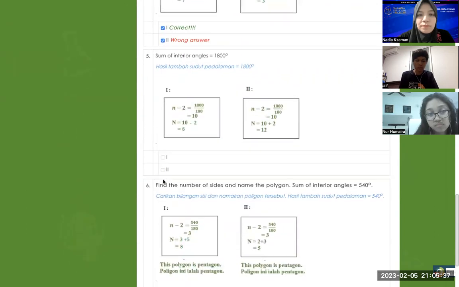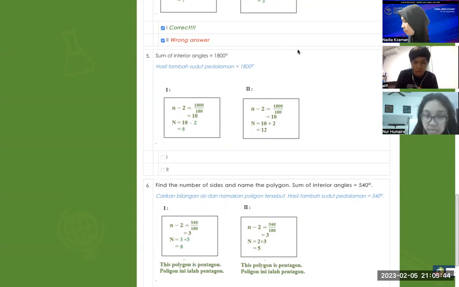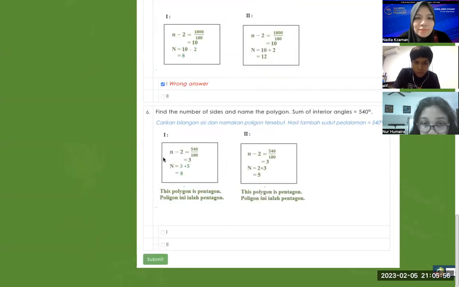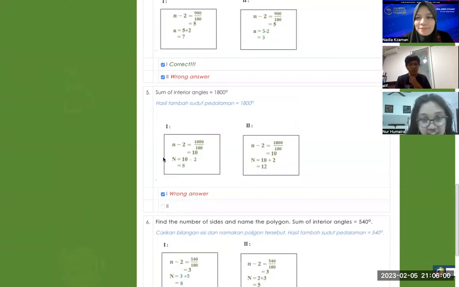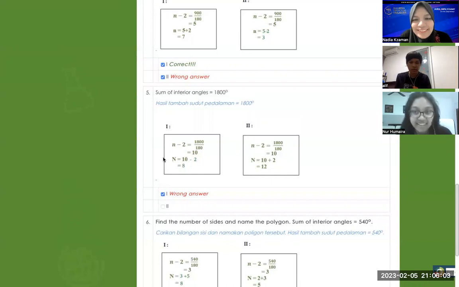Okay, number 5, Alif. Try again. She really just said this now. I just mentioned, when you move the operation, minus, when you want to find the answer.